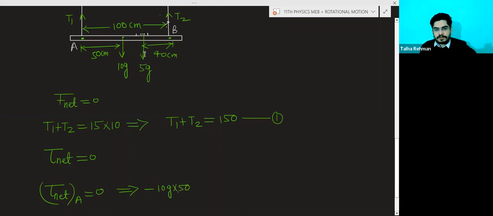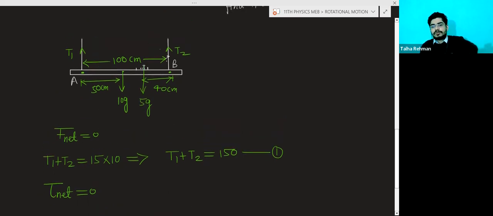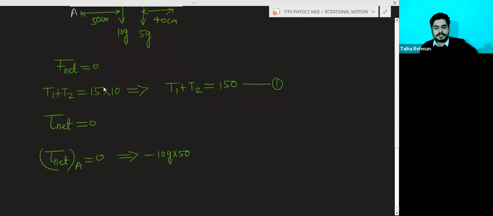And by this 5g, what will be the torque about point A? This 5g is at 60 centimeter from here, so this distance will be 60 centimeter. So minus 5g into 60.